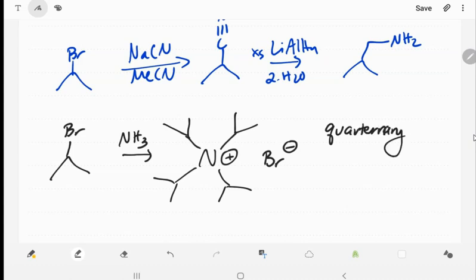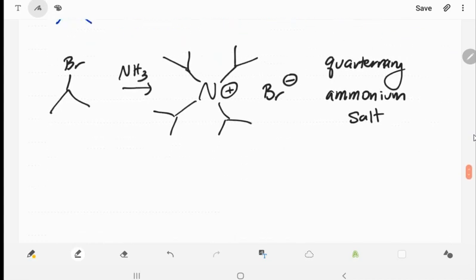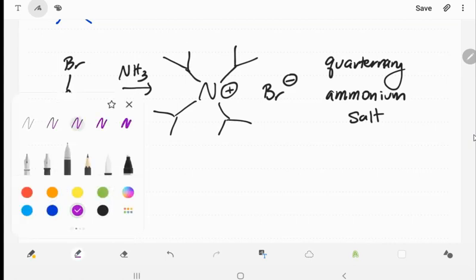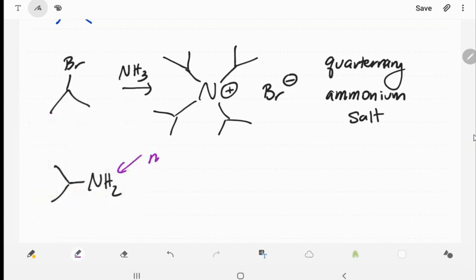Quaternary ammonium salts, right? We're going to see that by the time we put the first one on, this is now more reactive, just like with Friedel-Crafts alkylation.